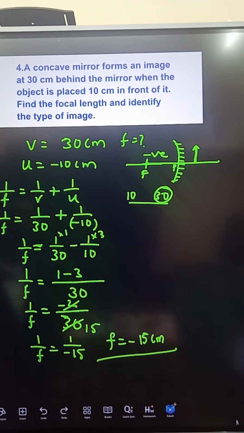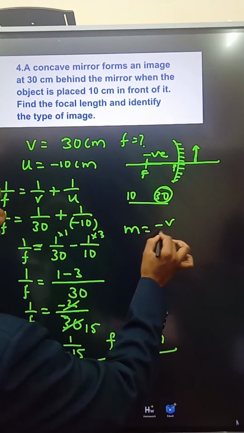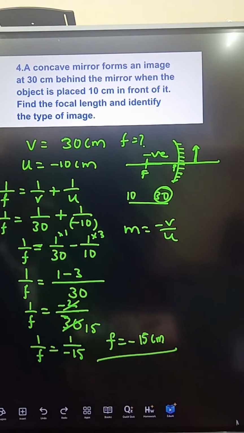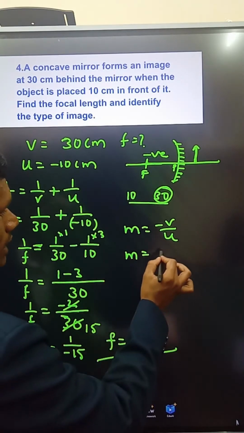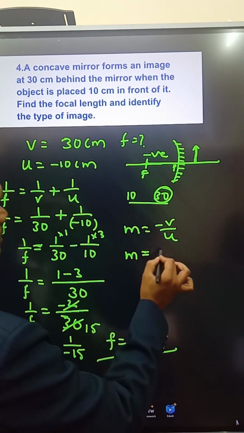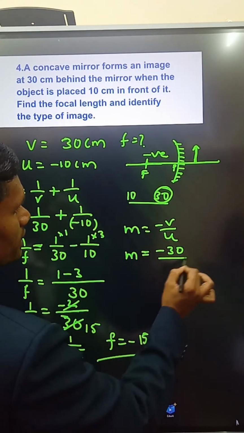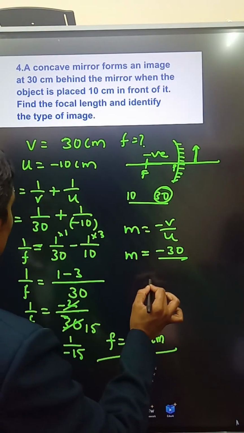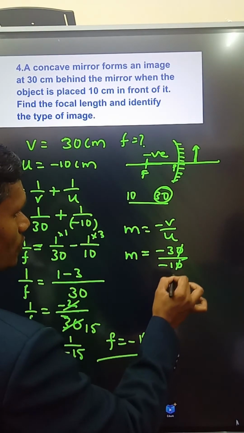Now the type of the image you want, right? Here, if you want the type of the image, just go for this: m is equal to minus v by u. Just do the magnification, what do you get? So m is equal to minus v, v is 30, so I am writing 30 as it is. u is minus 10, right?